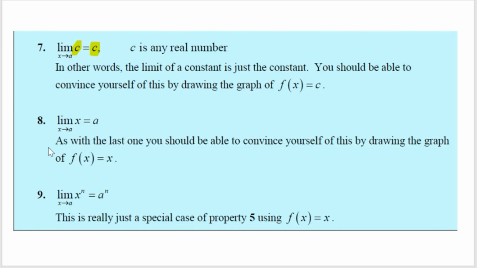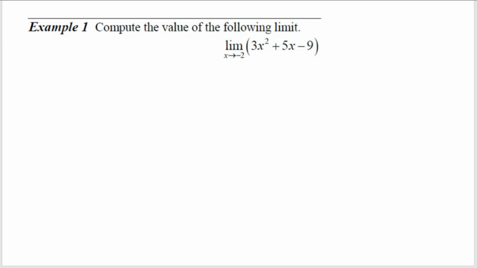For number 8, if the given is x, and this is also x, they are the same x. So whatever number x approaches, the answer is the same as where it approaches. Okay? So let's put that into an example, applying the properties.